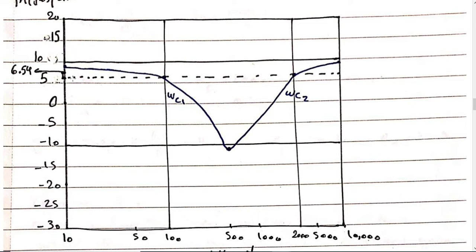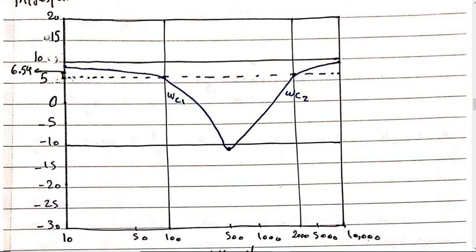So that's why we say minus 3 dB. Just give me the value for log of 1 over square root of 2 and multiply by 20. Negative 3.01.